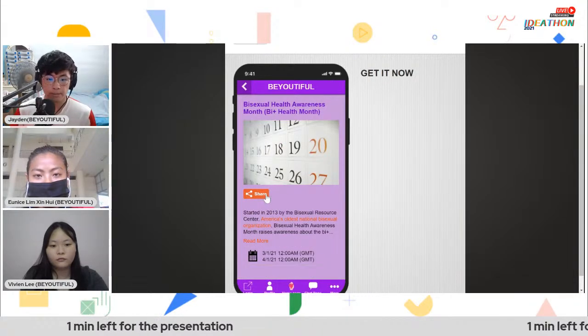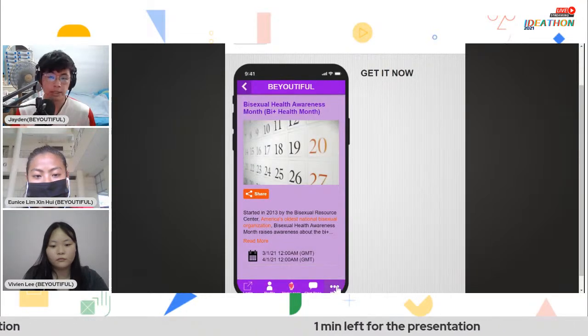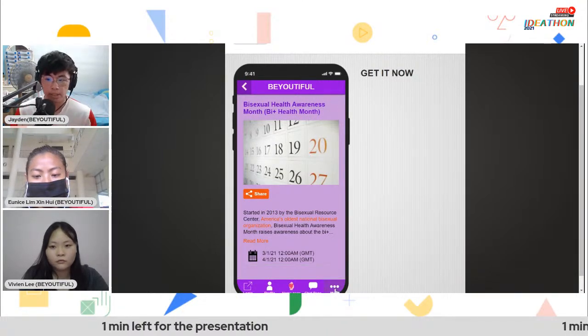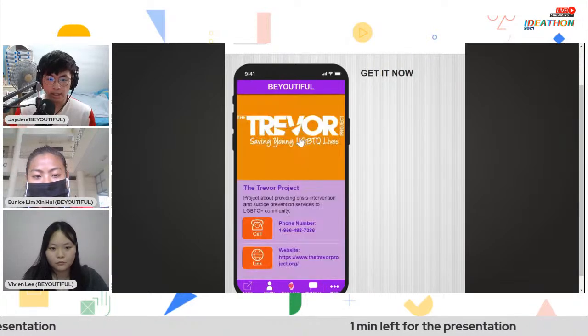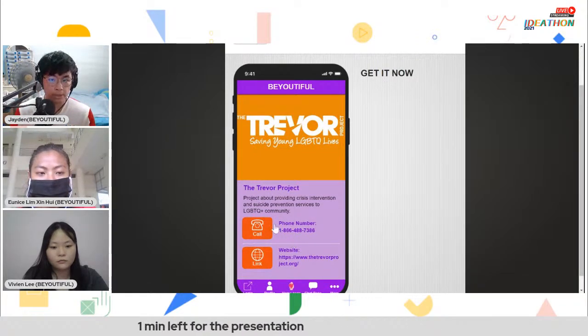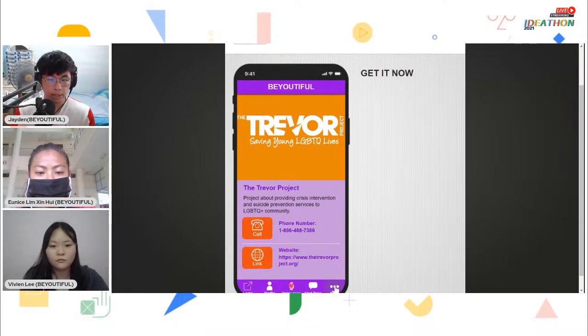It shows the events related to LGBTQ communities and what events are happening that month. The last section is the contact us section. This section is meant for organizations to put out their websites and their hotlines to aid the LGBTQ plus communities when they need help. There are also suicide lines and helplines for them to call and receive help.